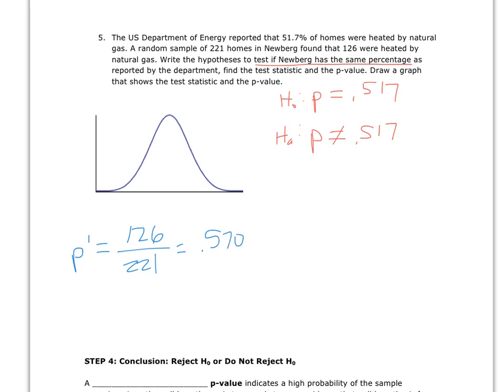All right, we can use that to calculate the z value. So we take p prime, 0.57, minus p sub 0, 0.517, and then we divide by the standard deviation, which is the square root of 0.517 times 1 minus that, which is 0.483, and then we divide by the sample size of 221.